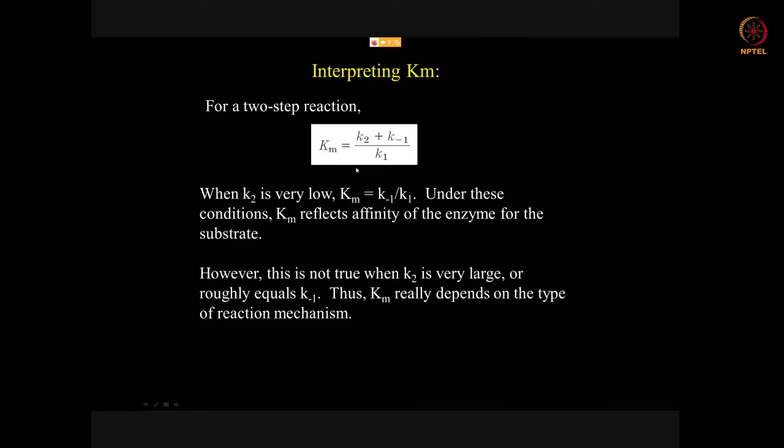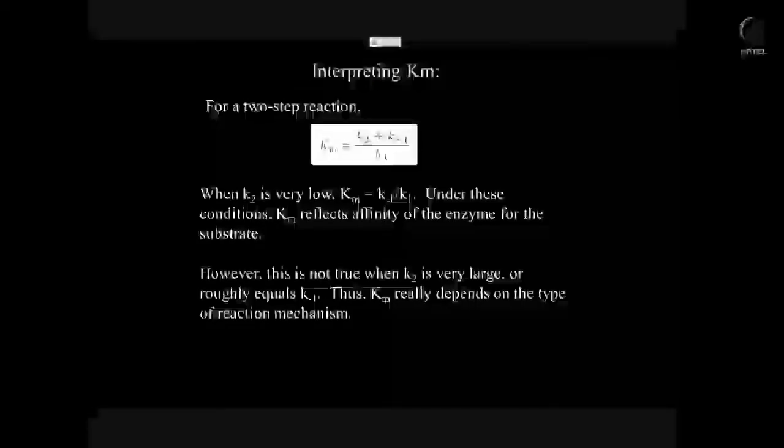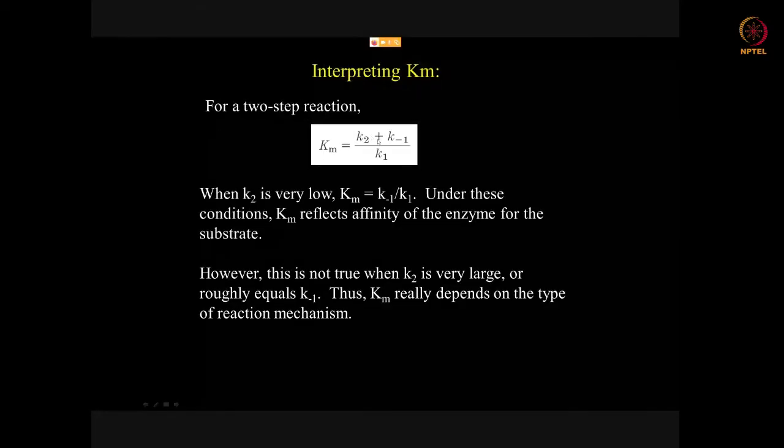But this relationship will not be true if K2 is a significant value. If it is significantly large, then it will be a function of all three. And suppose you have an intermediate step, or you need not even have an intermediate step, you will have K minus 2 as well, like E plus P combining to form ES, the enzyme substrate complex.